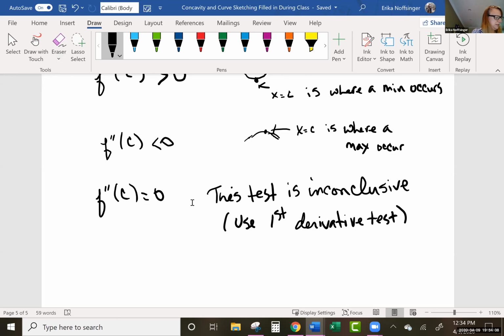They give you this theorem, but they don't really give you any examples. So we can do this.